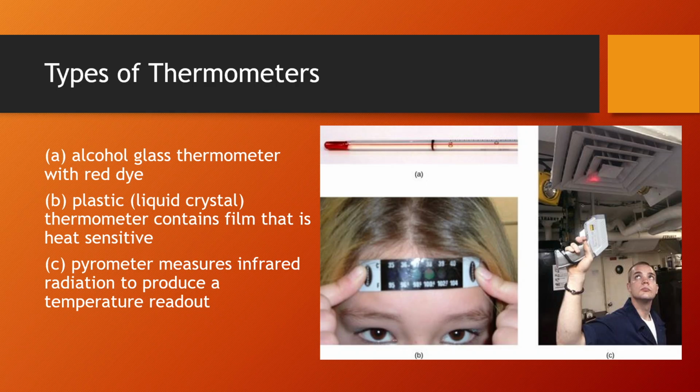This is what we have been seeing in recent years with COVID-19, and we have used these maybe in the doctor's office or even in the classroom. I know we were using those to check temperatures of people's foreheads to try to prevent spreading of anything. So this is definitely relevant to us.